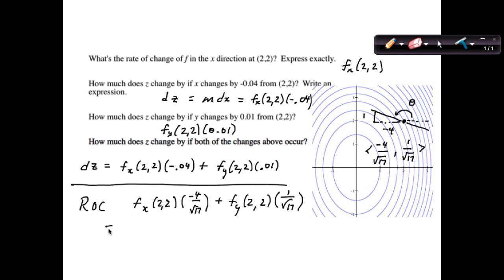And I can write this. So if I want to see, this is the unit vector. If I make a vector out of these partial derivatives, then what vector operation am I really doing here? This is really the dot product.